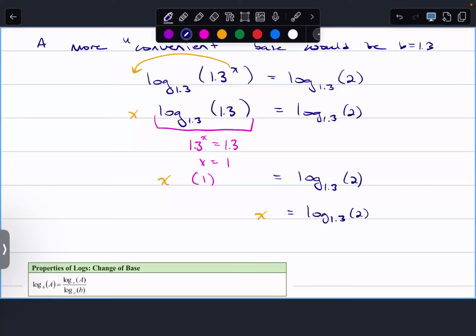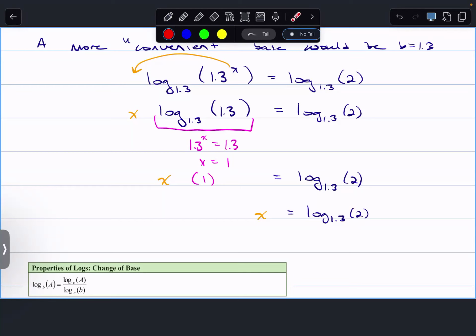So marginally more convenient. I don't think it's that much more convenient, but we do have a simpler log on this side. We have log base 1.3 of 2.